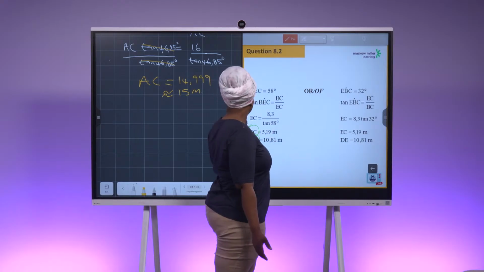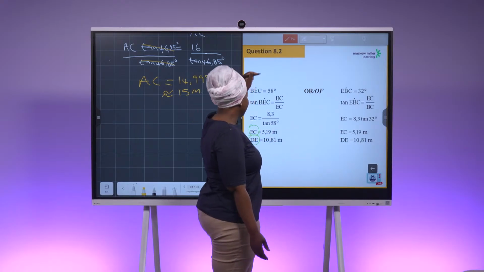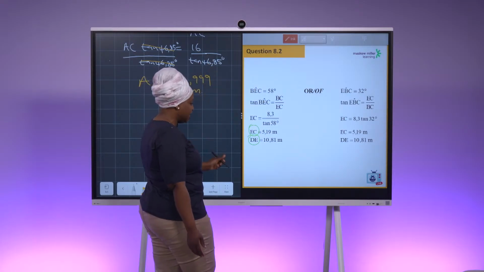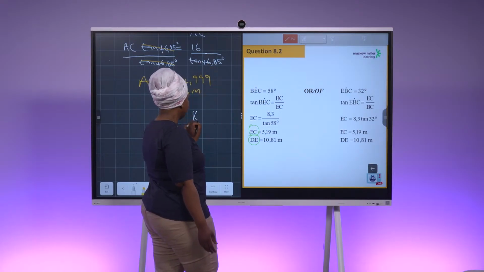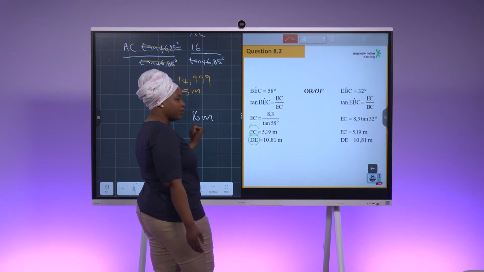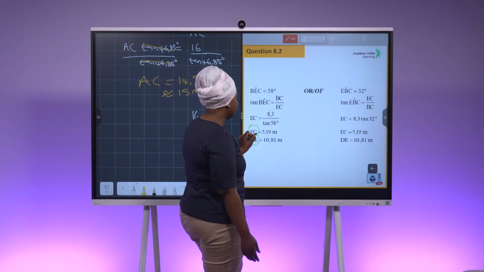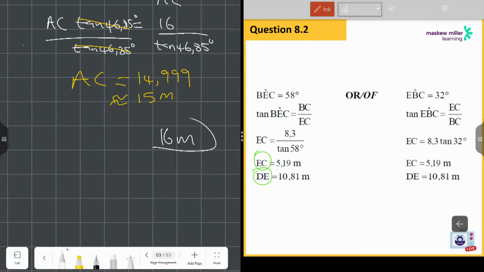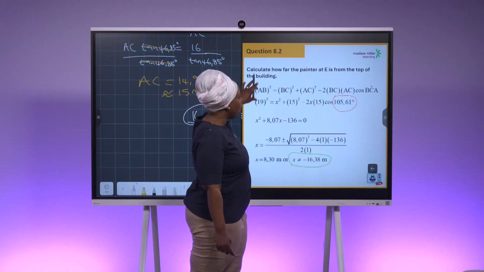Remember, you were given that the whole of CD was 16 meters. So you take it from there. You're going to minus the 5,19 from the 16, and that will give you 10,81 meters.